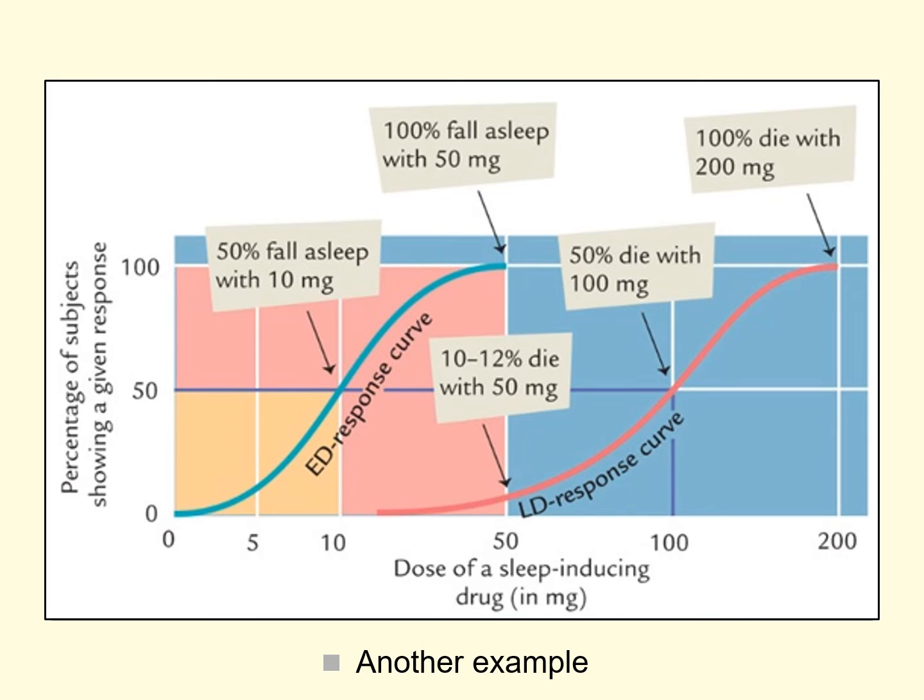We can see a drug where there's an effective dose curve and a lethal dose curve, and you can see that there's an overlap of those two curves such that if you wanted to give a 50 milligram dose of this sleep-inducing drug, this sort of sedative or tranquilizer, you could give at 50 milligrams a dose at which 100% of the people would fall asleep, but maybe upwards of 10 or 12% of people who got 50 milligrams would die.